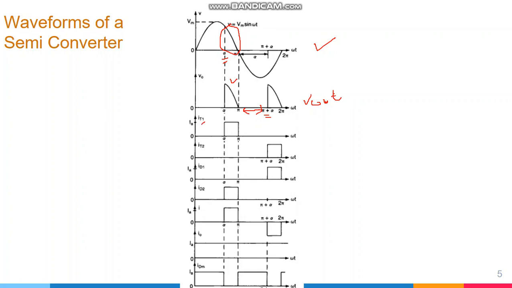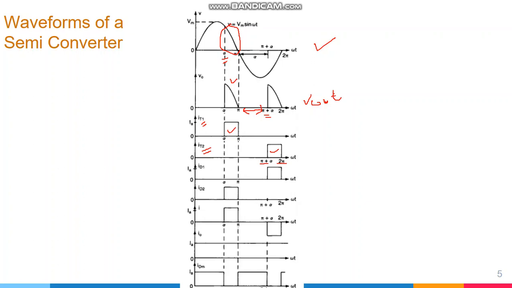This is the current from the thyristor T1. We see that the current from this thyristor T1 will be flowing only in the positive half cycle, and similarly the current from IT2, the second thyristor, will be flowing only during the duration in which T2 is operating, and it is operating from pi plus alpha to 2 pi.